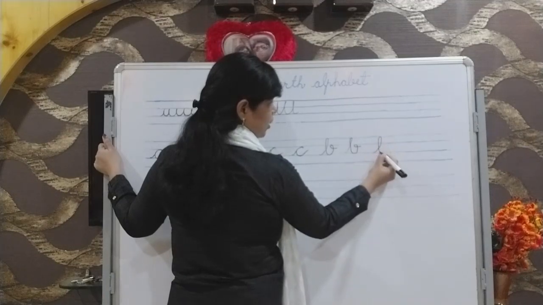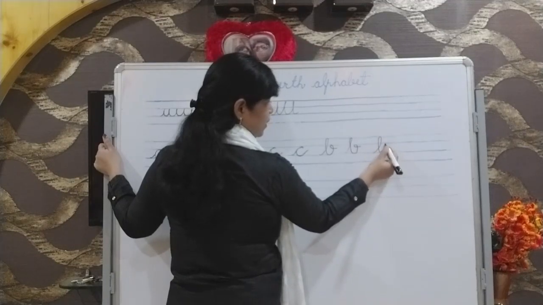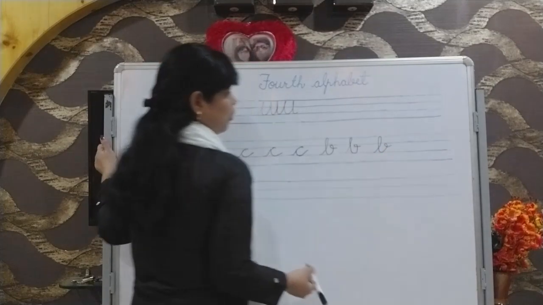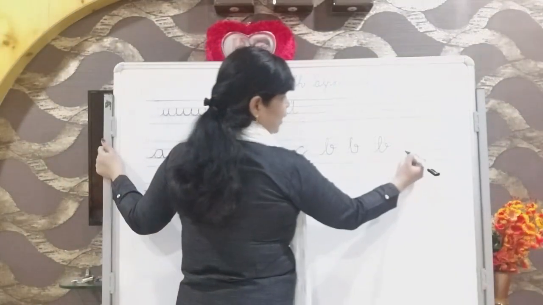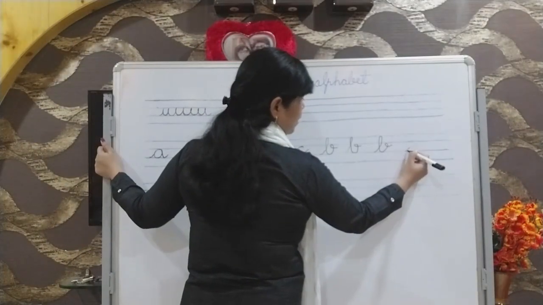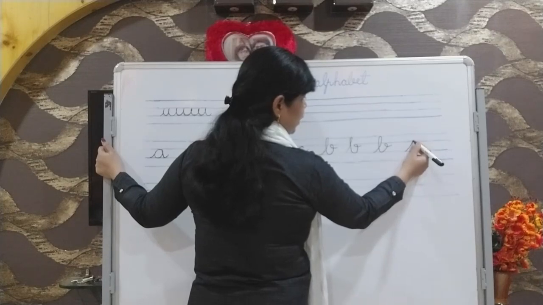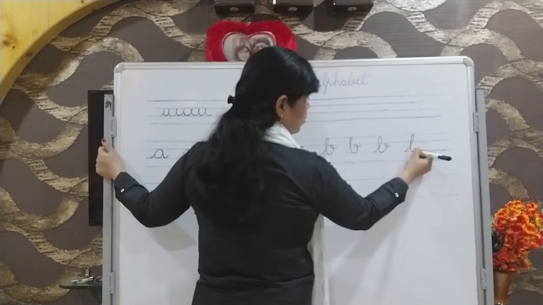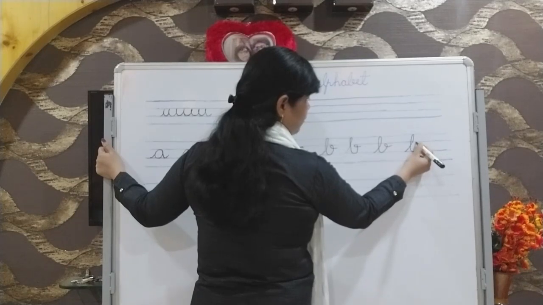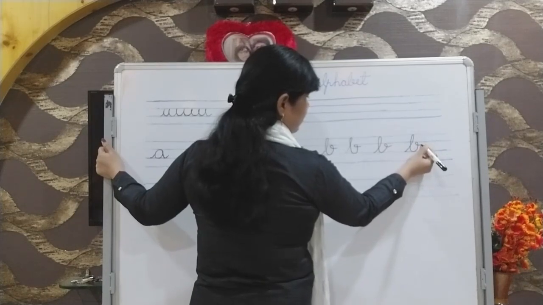Look carefully please. If we learn how to make letters in proper order and proper movement, then our writing will be nice. Our writing depends only on the alphabet. If we learn very well how to make the alphabet, then our writing will be good.